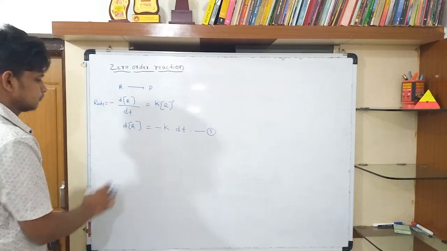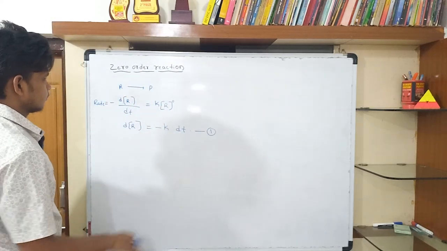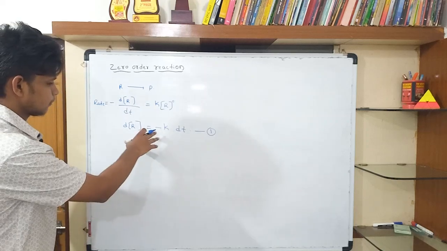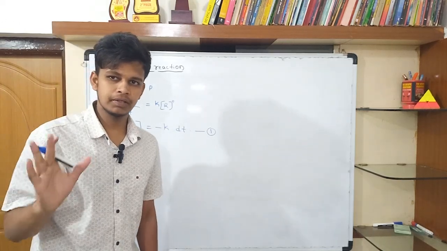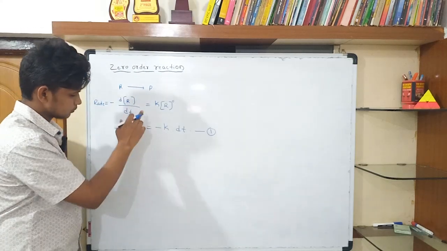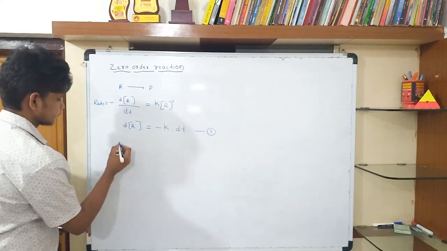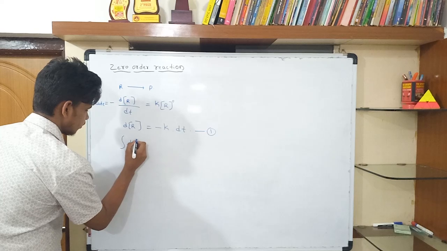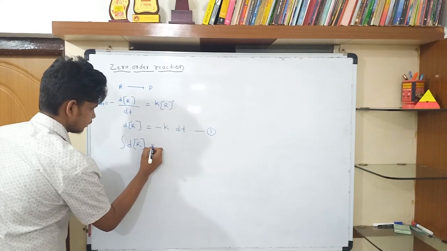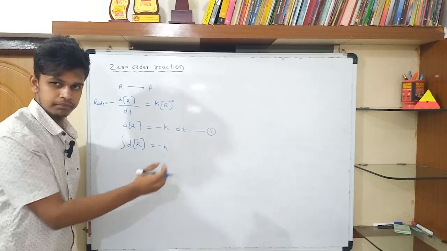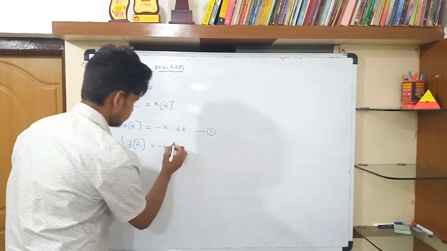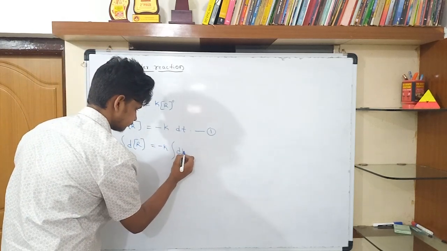After that, in this derivation we have to find the value of k. To find k, first we have to integrate this. Integration of d of concentration of reactant equals minus k, which is constant, so I put it outside, times integration of dt.